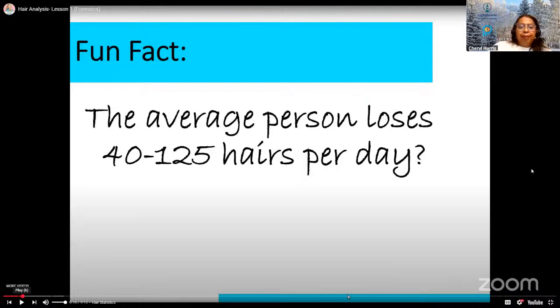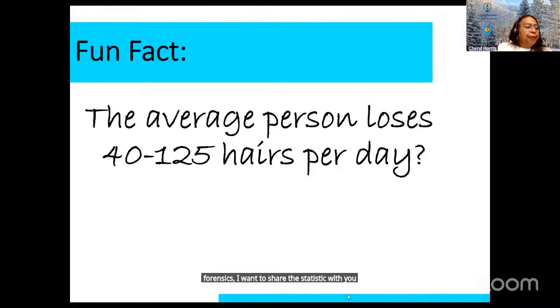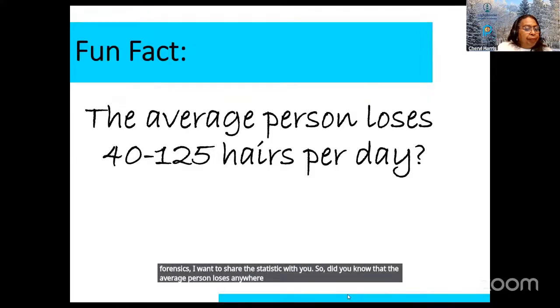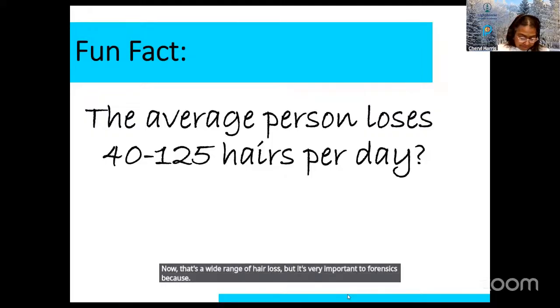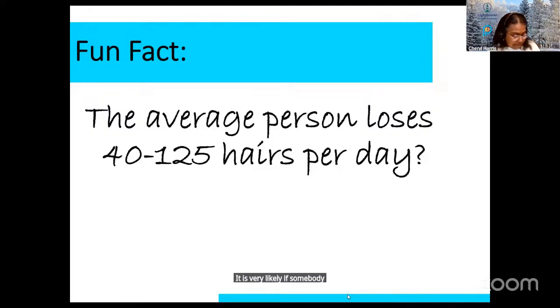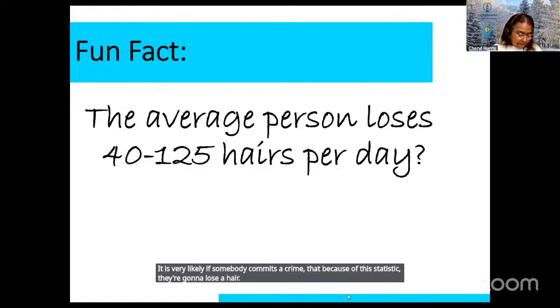Now, before we start talking about hair and its applications to forensics, I want to share this statistic with you. Did you know that the average person loses anywhere from 40 to 125 hairs per day? Now that's a wide range of hair loss, but it's very important to forensics because it is very likely that if somebody commits a crime, because of the statistic, they're going to lose a hair in the process.